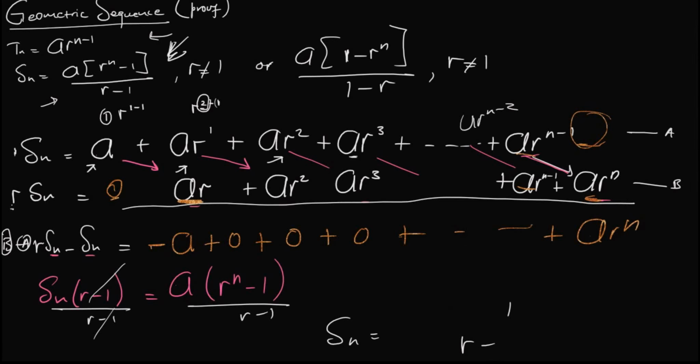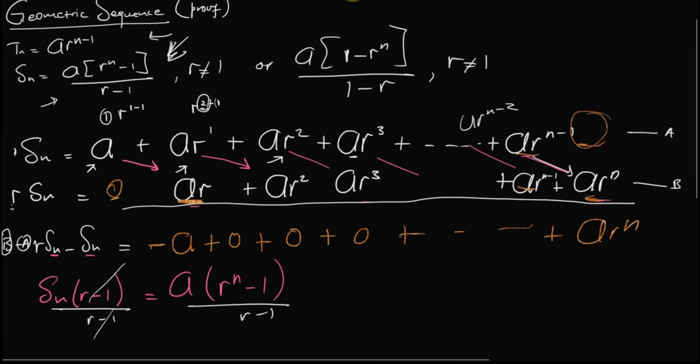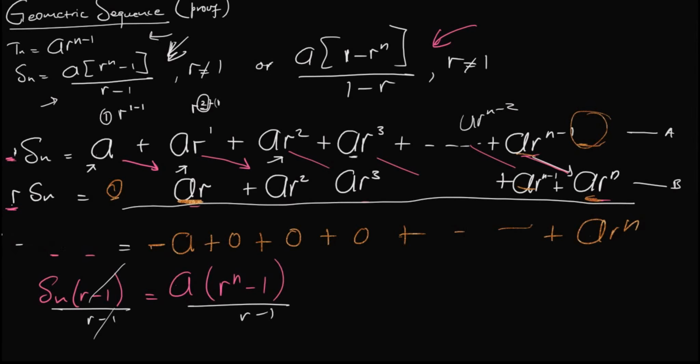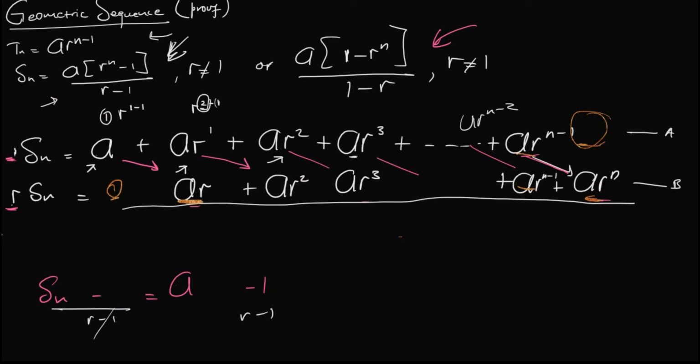Okay, but then say we didn't want to prove that one. Say we wanted to prove it in this format. Instead of saying R minus 1, we can say 1 minus R. So we can say equation A minus equation B, rather than equation B minus equation A. So I'm going to remove this, and then we'll see what we have.